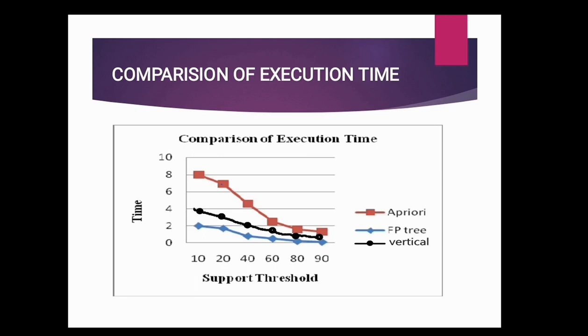Comparison of execution time. Here we have seen that at the support threshold, Apriori has taken more time, and FP growth takes less time than Apriori. The vertical algorithm also takes less time than the Apriori algorithm.